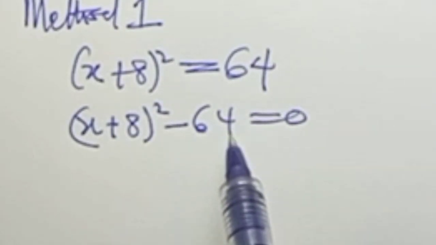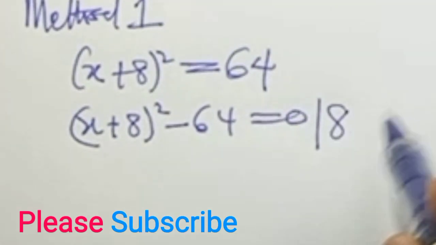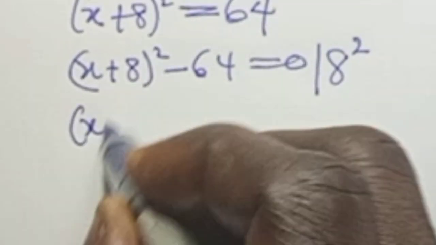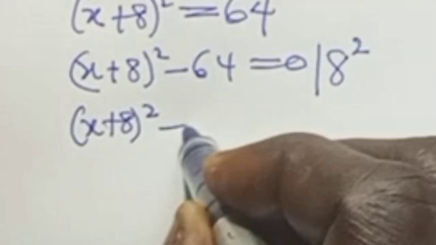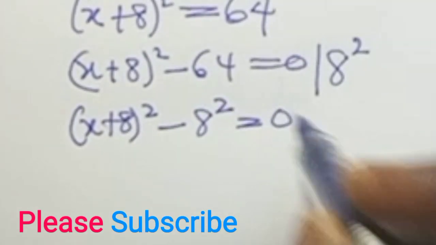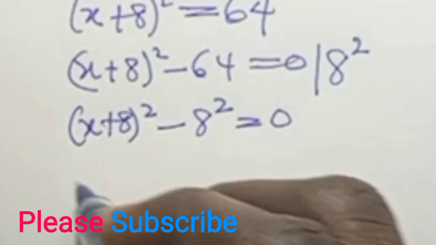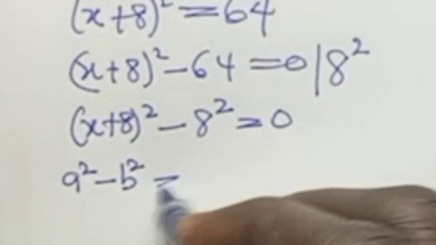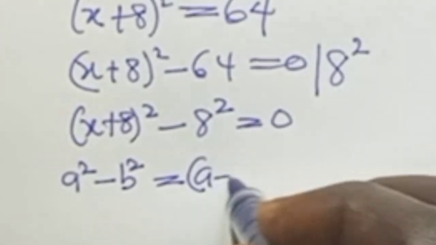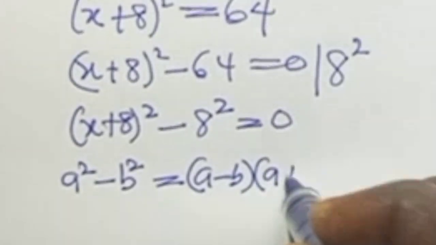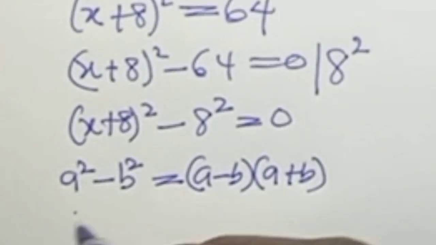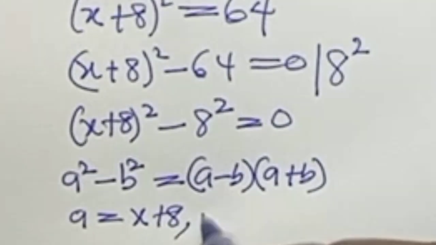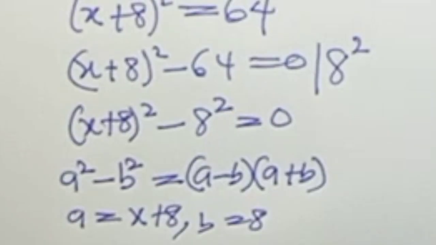But 64 is the same thing as 8², and our equation becomes (x + 8)² − 8² = 0. But from algebra, we have a² − b², which is represented as (a − b)(a + b). Here, a is equal to x + 8 and b is equal to 8.